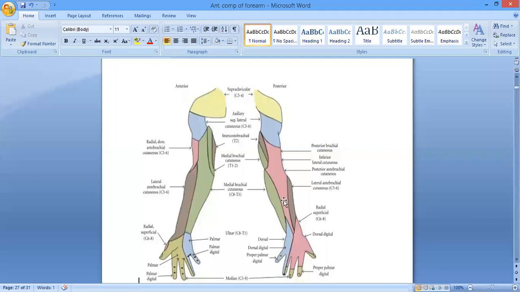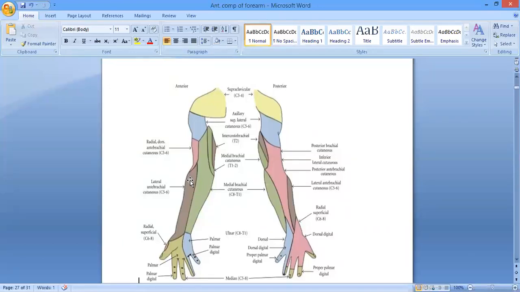And on the dorsal surface, the narrow middle strip is supplied by another nerve, the posterior cutaneous nerve of the forearm, right?